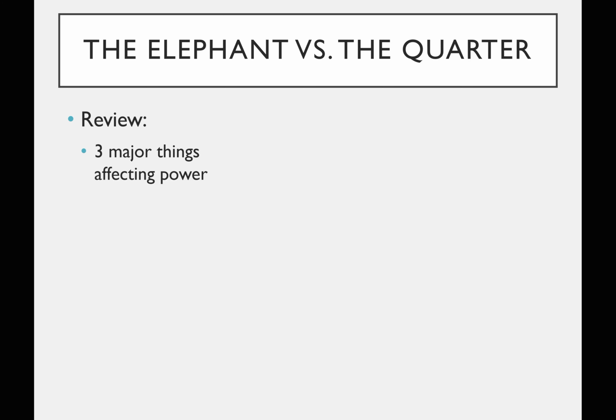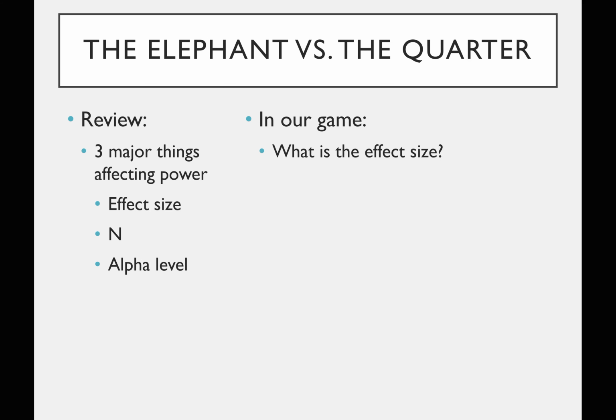So we know that there are 3 major things that affect power. We've got the effect size. How big is the thing? How many people are there? How many people are in your sample? And your alpha level, okay? So in terms of our game, the elephant versus the quarter, the effect size is the elephant or the quarter, right?